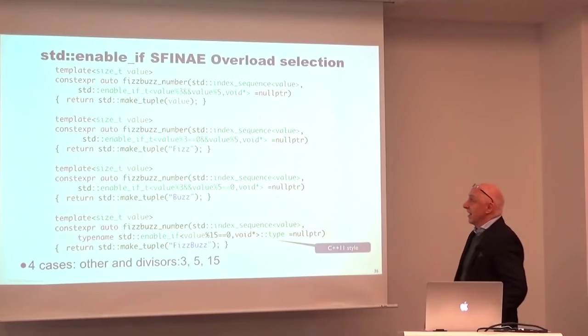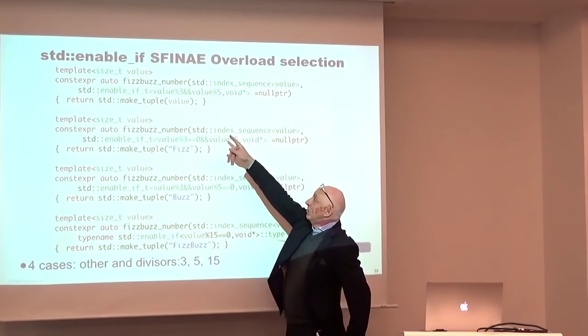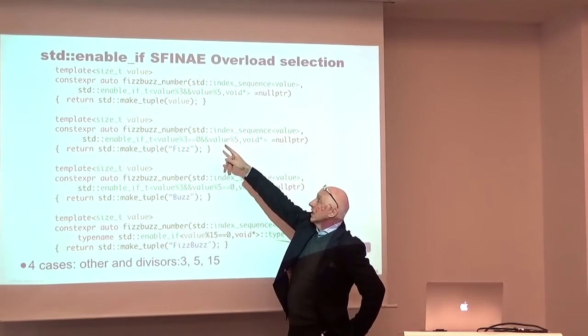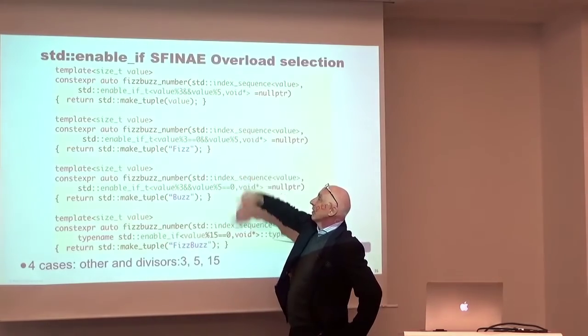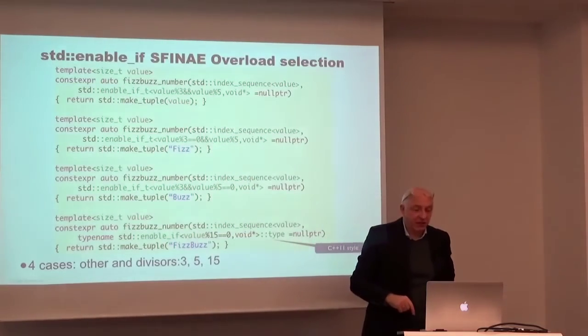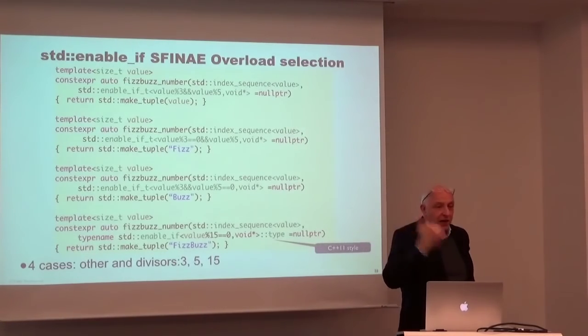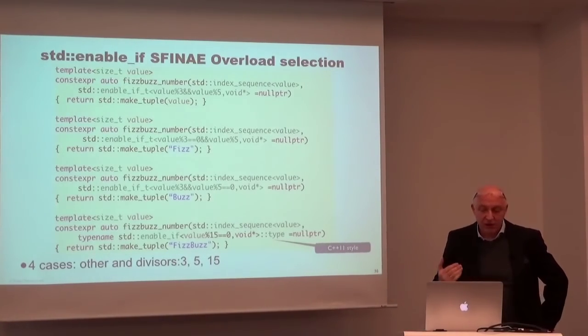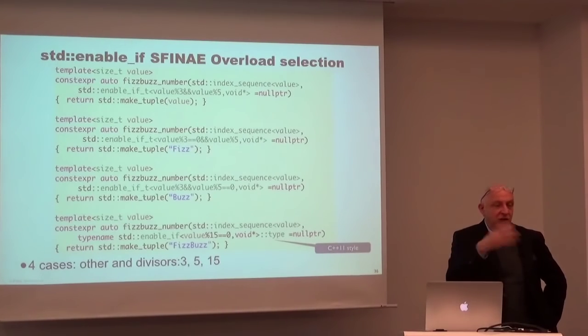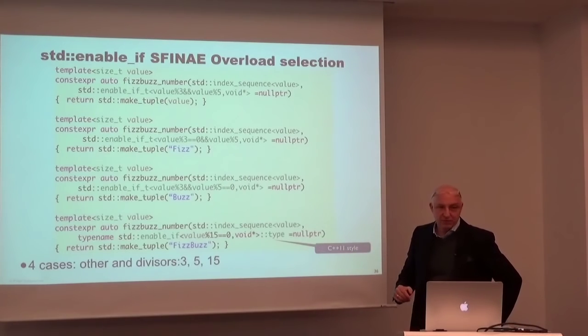And this is it: if value modulo 3 is 0 and value modulo 5 is 0, then the first enable_if fails to compile, and the compiler says, okay, skip that version of the template fizz-buzz number, I just go ahead and look for another one.